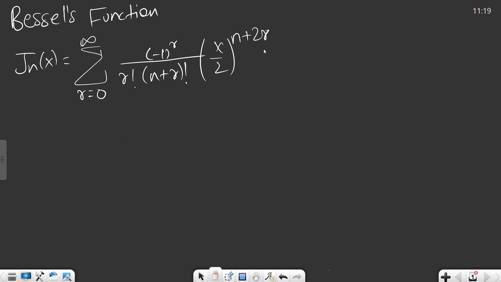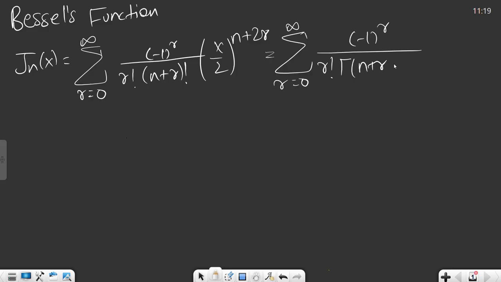Or you can write this as the infinite sum as r goes from 0 to infinity of negative 1 to the r over r factorial and gamma of n plus r plus 1, times x over 2 to the n plus 2r, right?